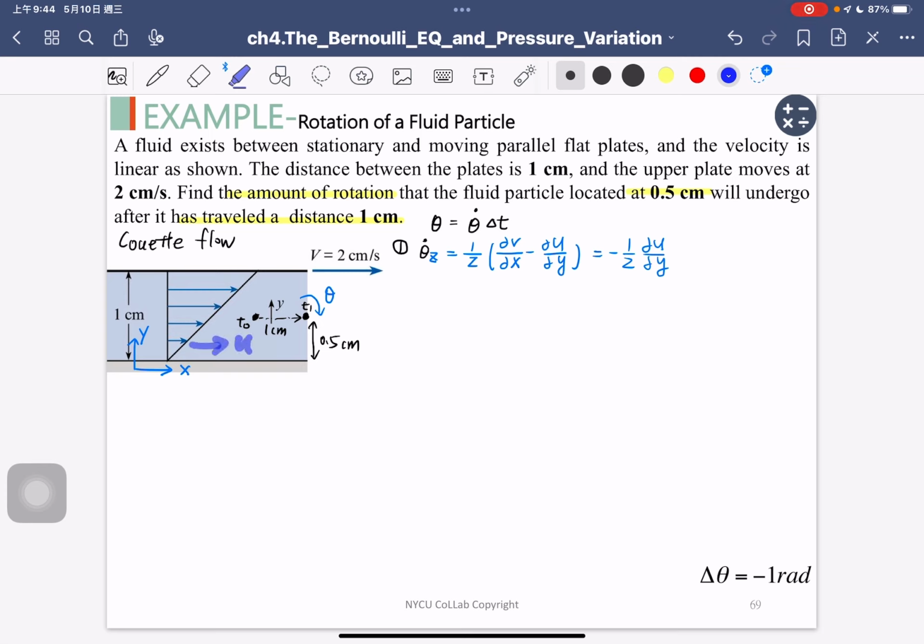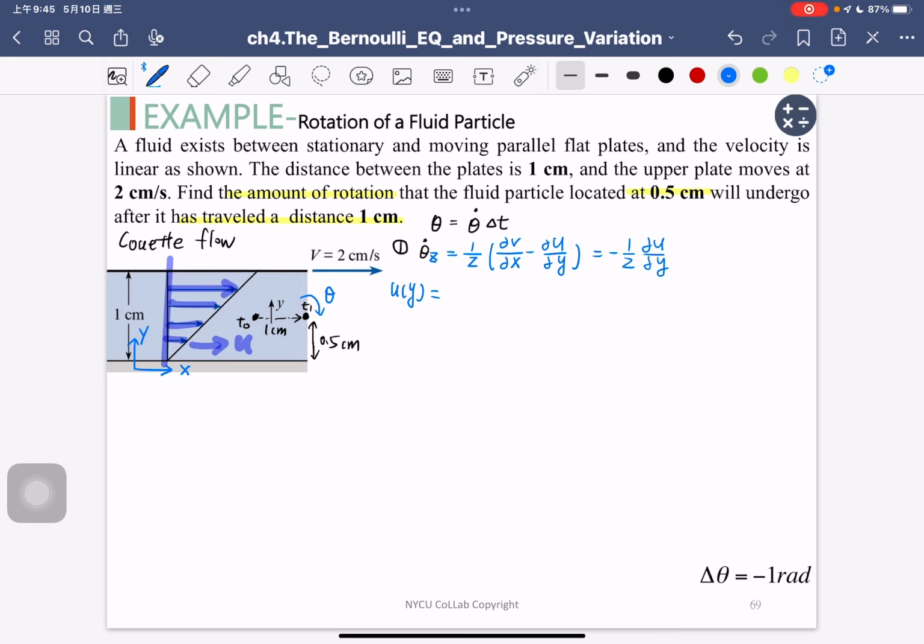As you can see, along the different y positions, the velocity will change. So we know that du/dy should also be a linear slope. So right now we know that we need to compute the u velocity as a function of y first.